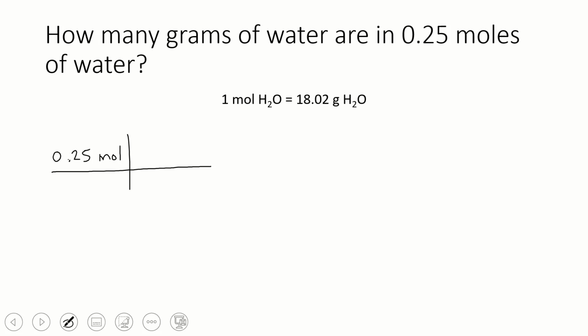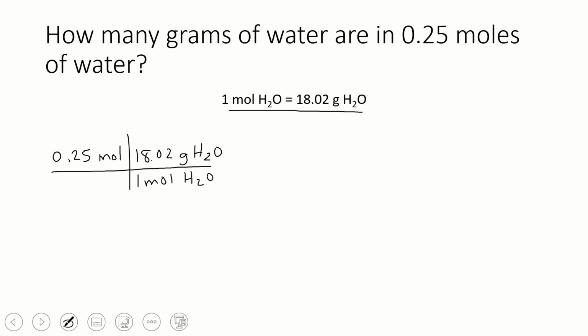I'm going to multiply that value by a conversion factor that comes from this equality. Since I want to solve for grams, it makes sense to put the units of grams on the top, so 18.02 grams of H2O, and units of moles on the bottom, 1 mole of H2O.